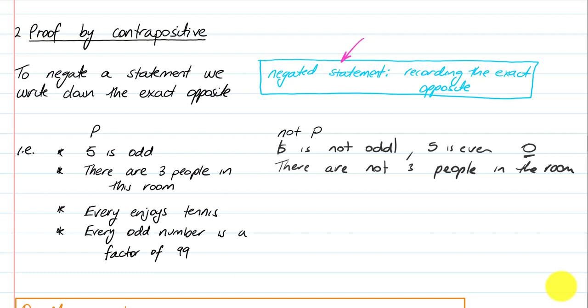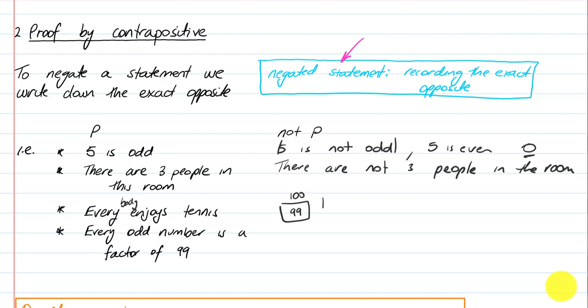Everybody enjoys tennis is the statement. And the negated statement for this is, and this is the tricky bit, if you've got everybody here and you're saying they all enjoy tennis, well, let's say there's 100 people here and 99 of them enjoy tennis and one of them doesn't. Well, that then doesn't work.